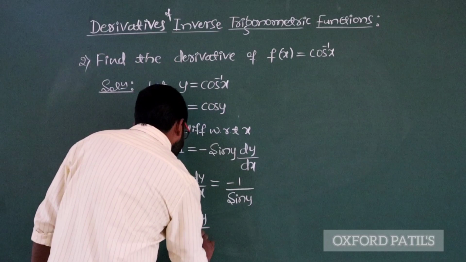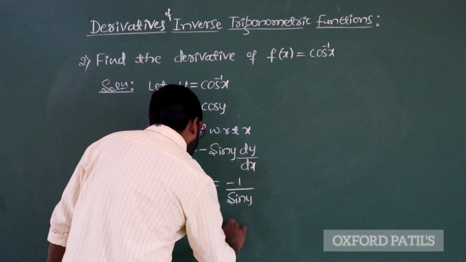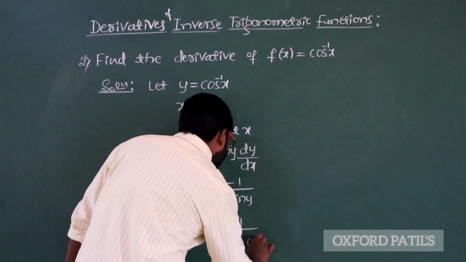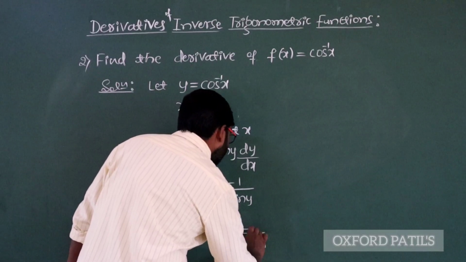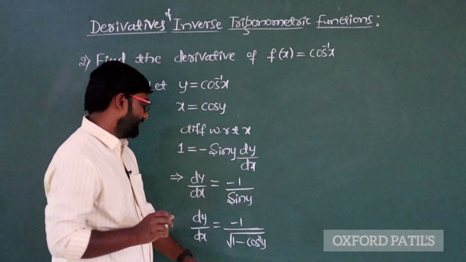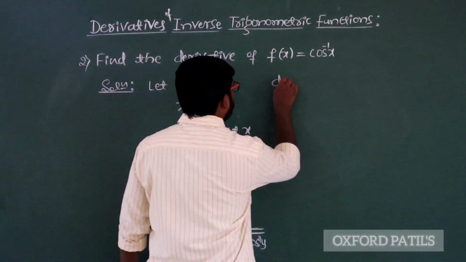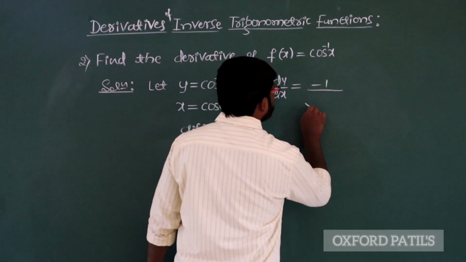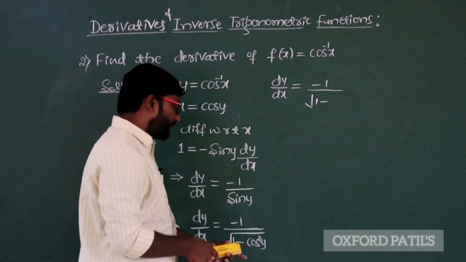dy by dx is equal to minus 1 divided by square root of 1 minus cos square y.